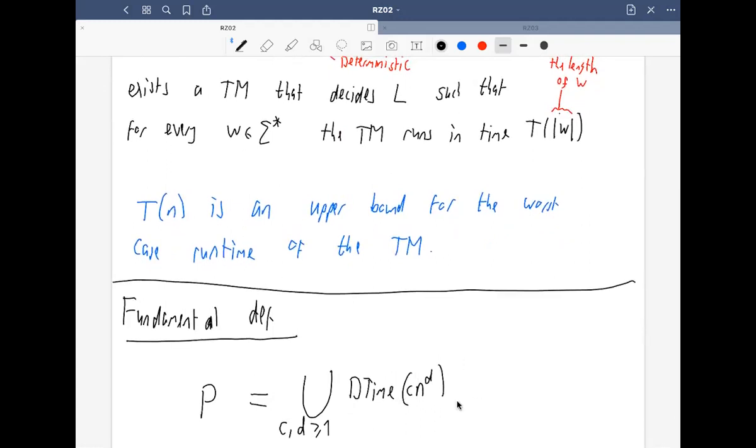But there's actually a little flaw in the definition I gave last week, a little error in the definition.